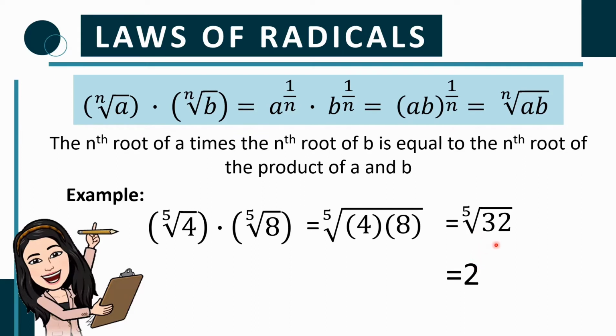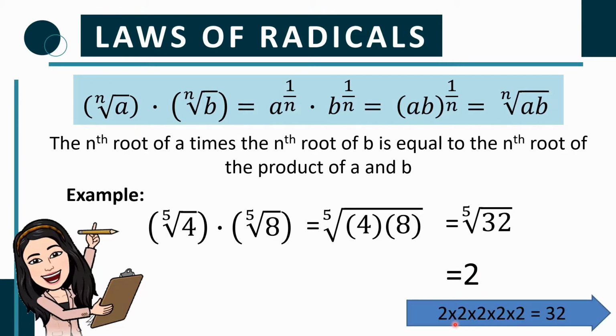Kasi kaya natin i-simplify si 32. Mag-isip ng number na pag minultiply 5 times sa kanyang sarili, will result to 32. And that is 2. Bakit? Kasi 2 times 2 times 2 times 2 times 2 is equal to 32. Therefore, the fifth root of 32 is equal to 2. Nakuha? Mahusay.